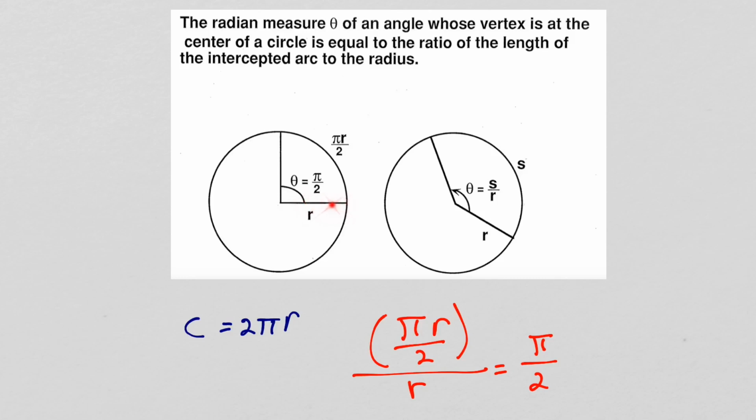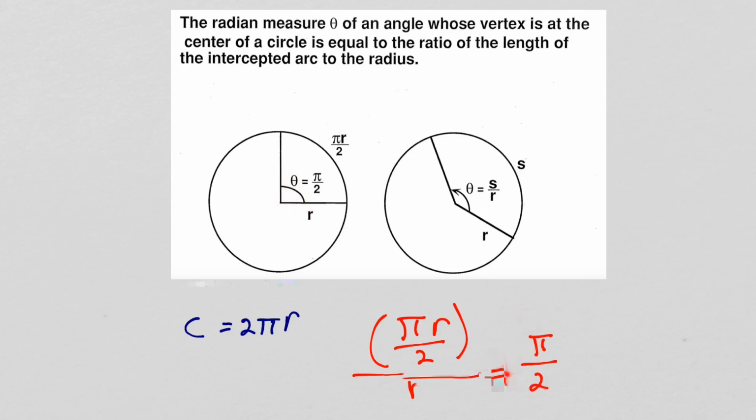So this measure of arc length over radius tells us we have a 90-degree angle here. This would be true no matter what angle we have. The intersection of the angle with the circle, this arc length S, over this radius R, will uniquely define this angle theta. For an angle of 90 degrees, that uniquely defined number was pi over 2.